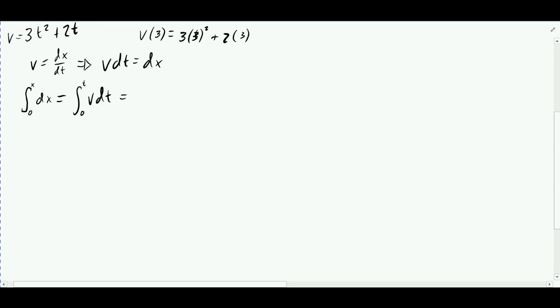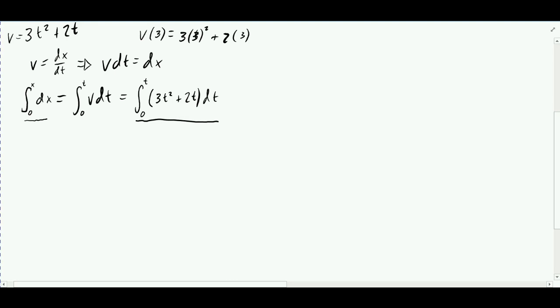So we can further this equation by saying 3t squared plus 2t dt. Now we have something to work with. We can integrate both sides, this side and this side.